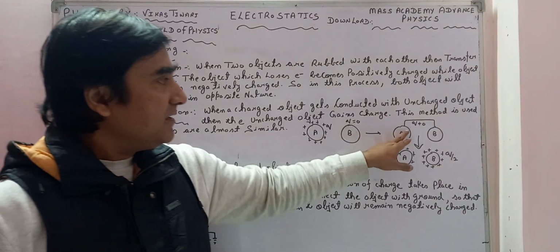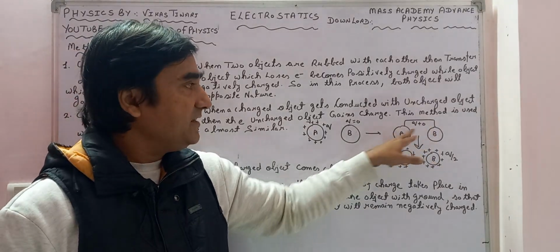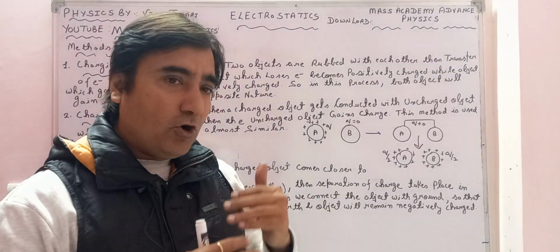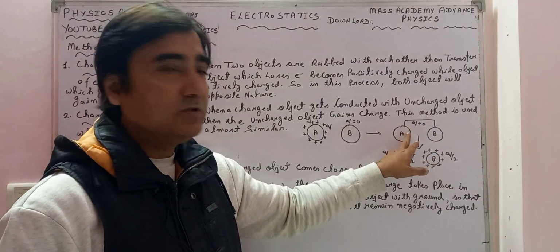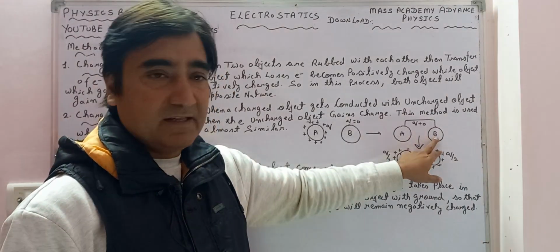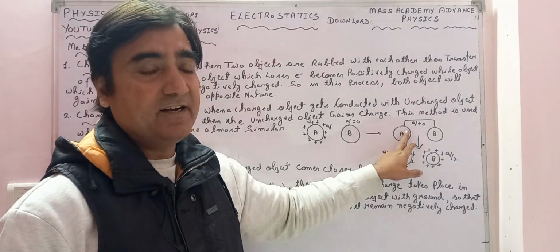When we conduct them, conduction takes place between these two bodies, then the flow of electrons will start from this body to this body. The electrons start leaving this body and are transferred into the other body.